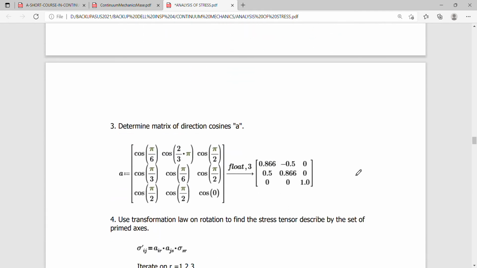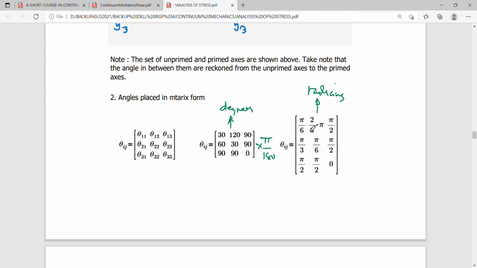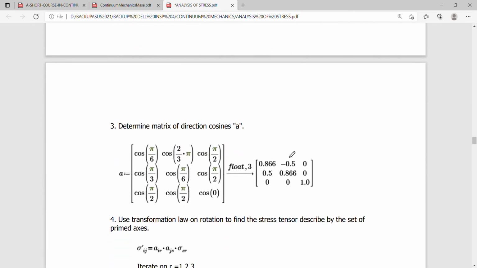So to determine now the matrix of direction cosine, we simply take the cosine of all these individual angles to come up with the values here in this particular matrix.